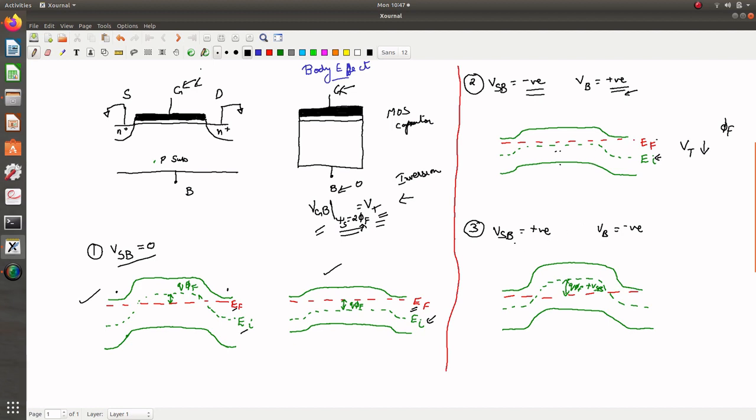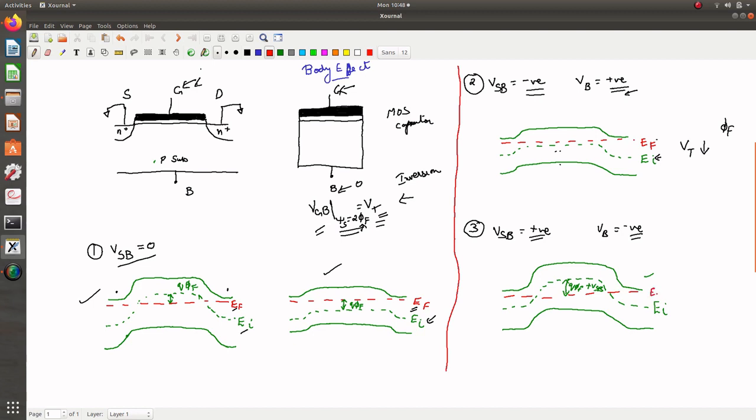Now, when we make VSB positive, that is by applying a negative voltage at the body or the substrate, the energy band diagram is of this fashion, where the intrinsic level, you can see, is above the Fermi level by not only q phi f but also VSB, the voltage that is being applied at the body.